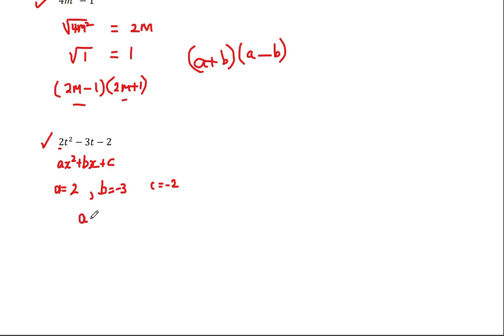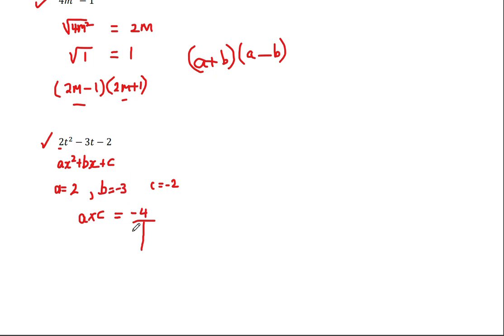Then the next thing you want to do is multiply a by c, which in this case is 2 multiplied by negative 2, which is negative 4. Then your aim is to find two numbers that multiply to give negative 4, which is the value of AC, and that add to give you B for it to work.